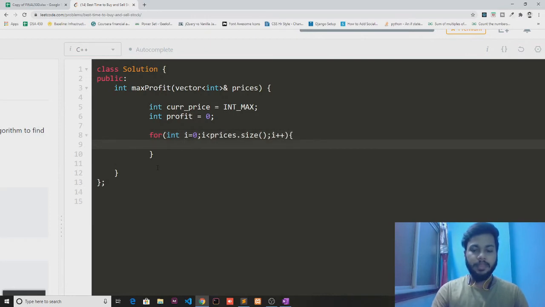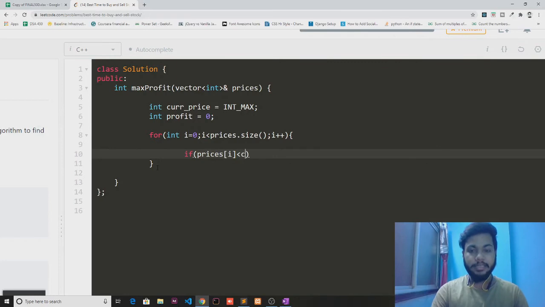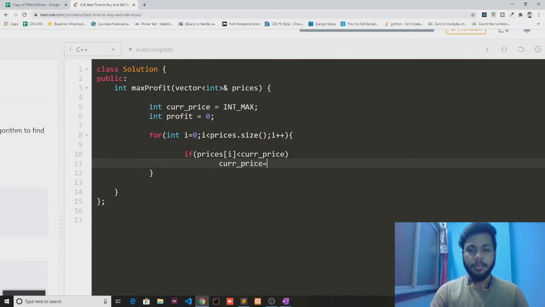Now I'll check two conditions. If our current element, that is prices[i], is less than the current price or not. If this is true, then we are going to update our current price with the current element.